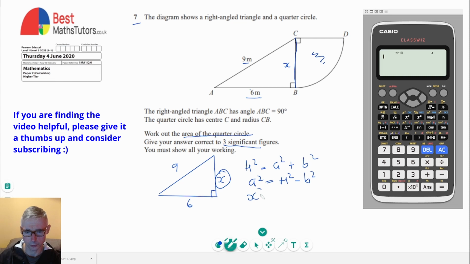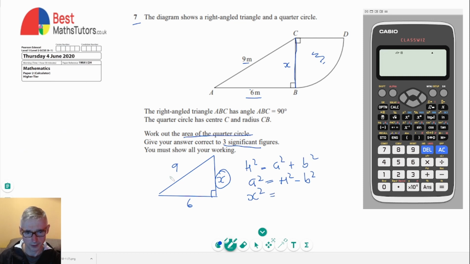So we can just substitute that into this equation. We can say that x squared is the hypotenuse squared, 9, take away the other side, which is 6 squared. We could use a calculator for this, but this is 81 take away 36.